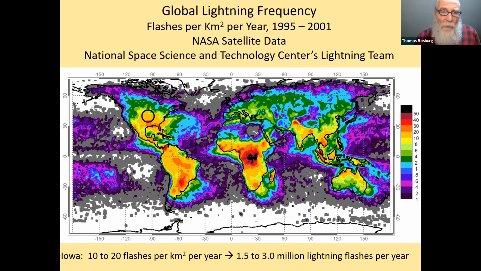And you see here, I just circled Iowa in the Midwest with that dark circle. Looking at the scale on the right, we're seeing 10 to 20 flashes per square kilometer per year. Based on this NASA data, that means Iowa sees anywhere from 1.5 to 3 million lightning flashes per year.